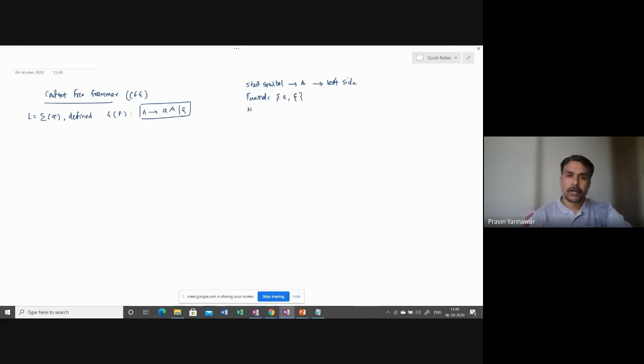Okay, non-terminal as A. Productions, since it has two parts, A or epsilon. So a grammar with productions: first is A implies A, second is A implies epsilon.